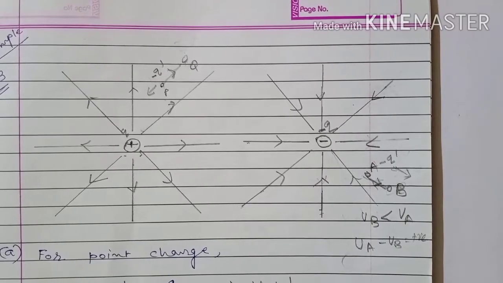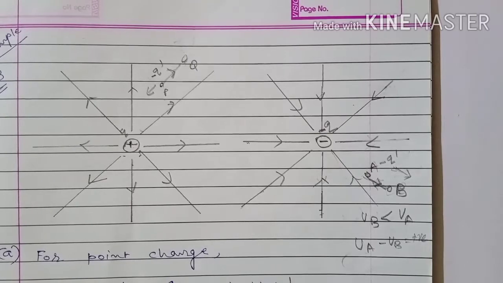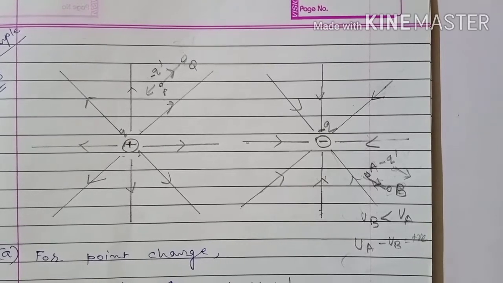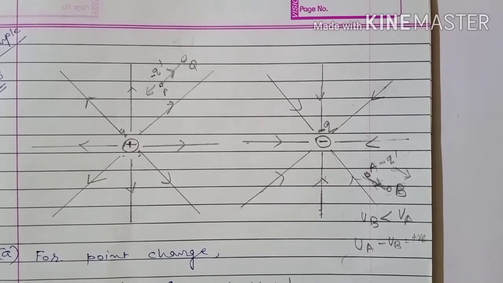So here when repulsive force is acting, at that time velocity of particle decreases, because when we throw any object in upward direction, gravitational force will be in downward direction. Due to that, velocity of the object decreases as it moves in upward direction.